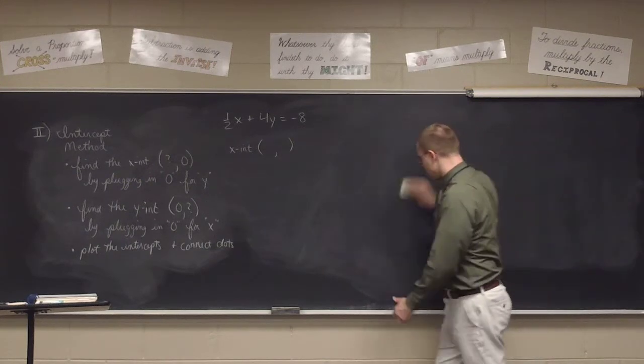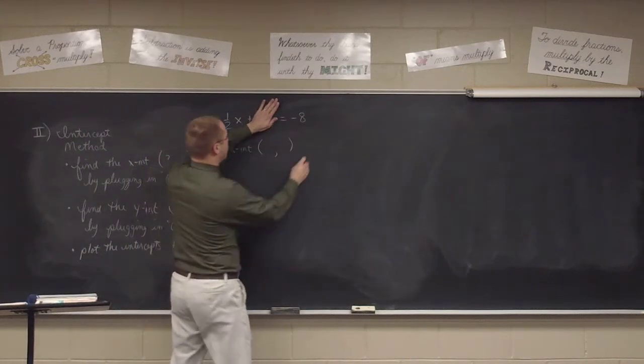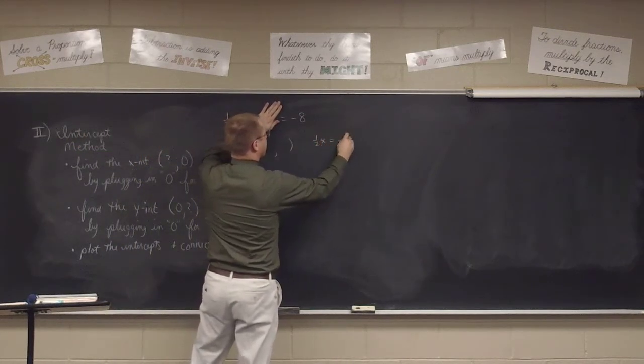All right, hopefully you plugged in 0 for y. And when you plugged in 0 for y, it should have left you with a half x equals negative 8, right?